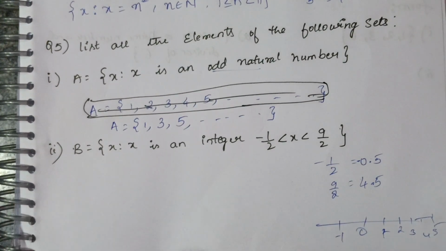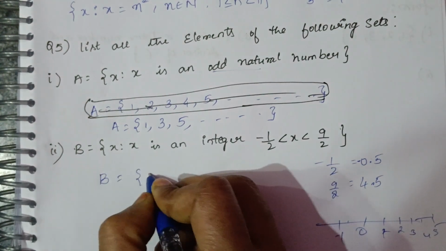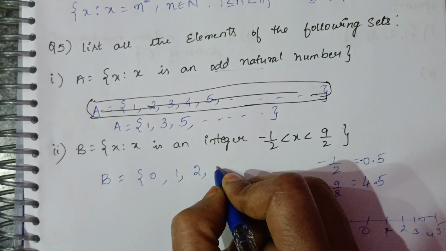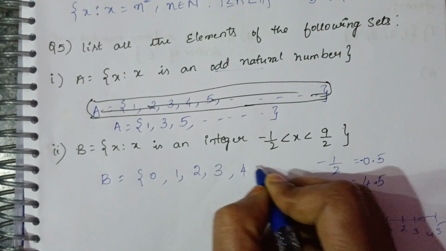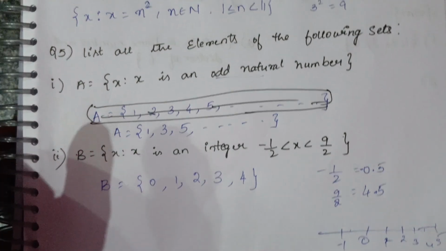Here see, on the number line 0.5 is in between minus 1 and 0. So we can take 0, 1, 2, 3 and 4. Up to 4.5. Less than 4.5 means 4 is also included because it is an integer. We will see the next question.